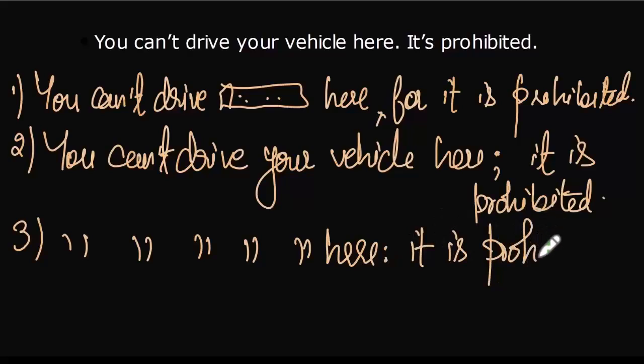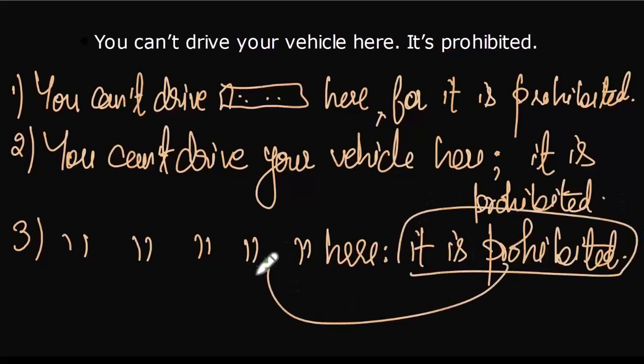So you will use a colon to add two independent sentences together when the second independent clause explains, summarizes, or gives you a reason for the first one. Explains it, clarifies it, summarizes it. You cannot drive your vehicle here. Why? It is prohibited. So this one is explaining this.